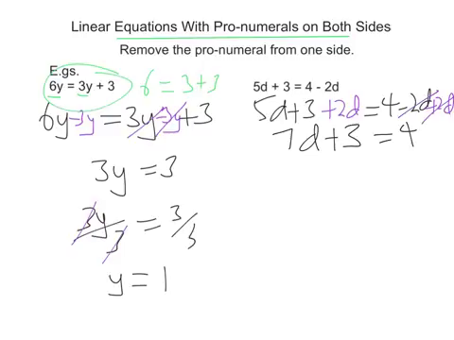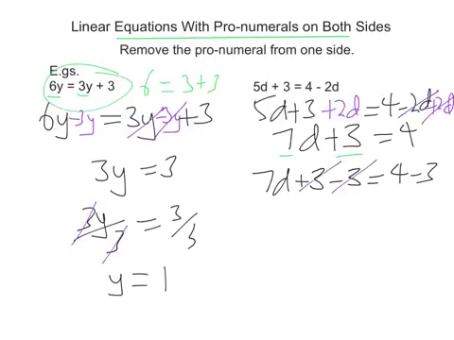So to make d the subject, I need to get rid of the 3 and the 7. I'll get rid of the plus 3 first because reverse BODMAS says that plus and minus go first. So let's do that. So 7d plus 3 minus 3 equals 4 minus 3. Remembering to do it to both sides. Plus 3 and minus 3 make 0.